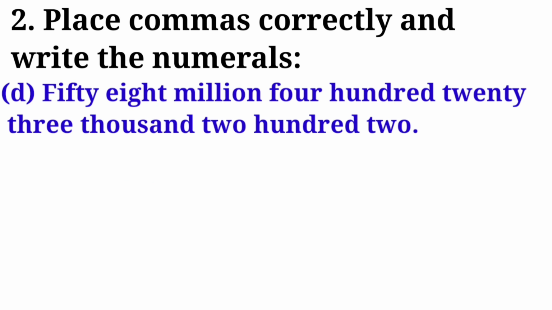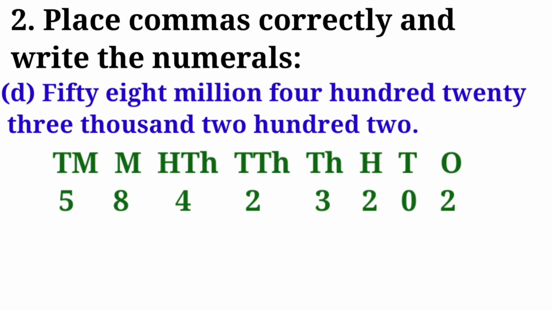Now you are given D part 58,423,202. Now firstly you will place it in the place value table. Now this belongs to the International System of Numeration because the values are given in million.